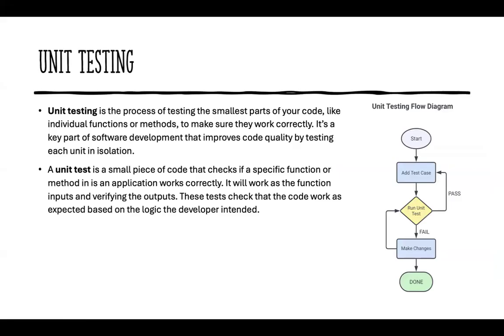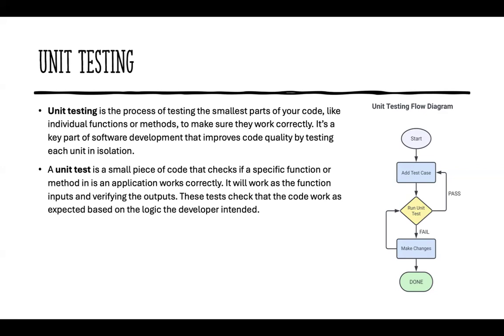So now that we've talked about software testing as a general process in the software development cycle, let's talk about the specific level of software testing called unit testing, which is going to be the topic of this talk. Unit testing is the process of testing the smallest parts of your code, like individual functions or methods, to make sure that they work correctly.